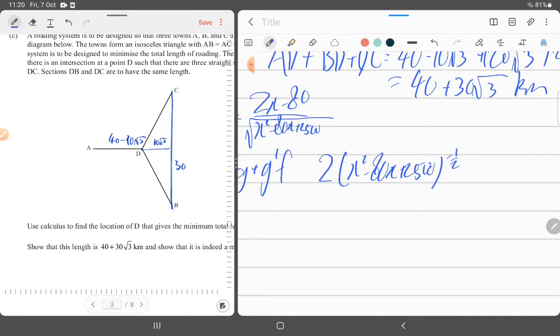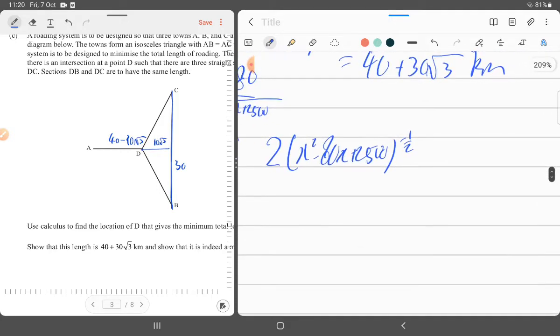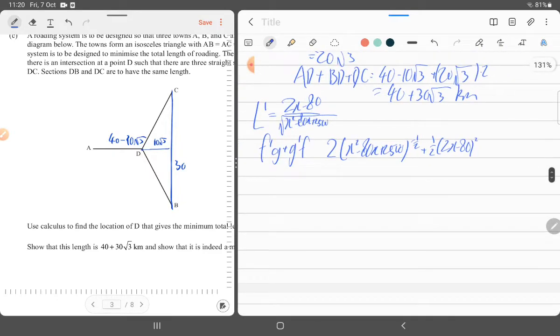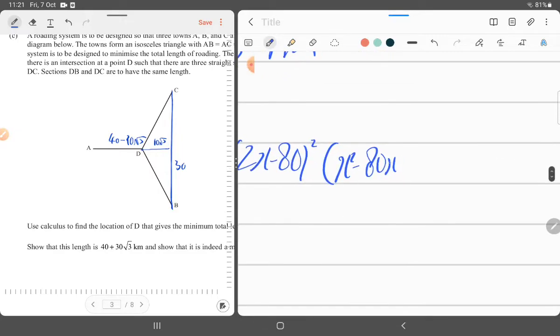So 2x take away 80 plus half 2x take away 80 all squared times x squared take away 80x plus 2,500 all to the power negative 3 over 2.